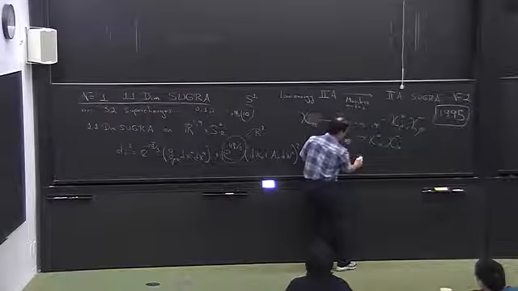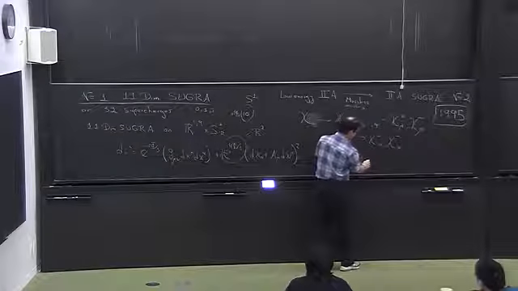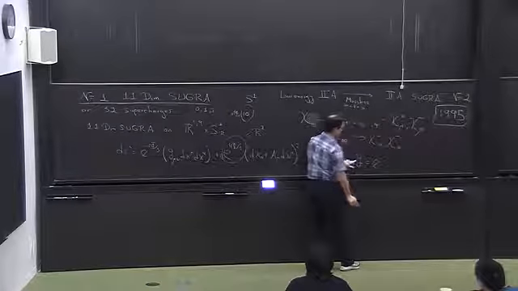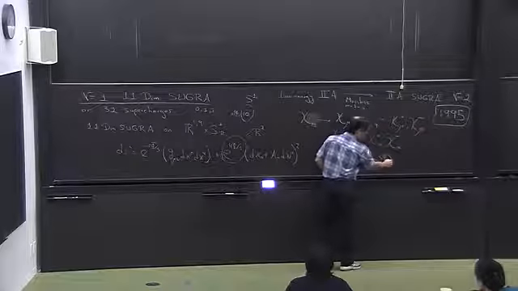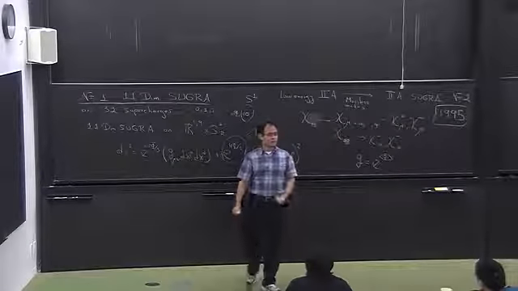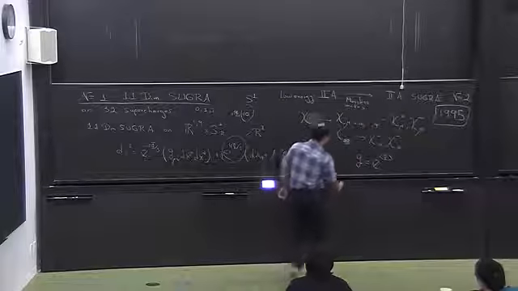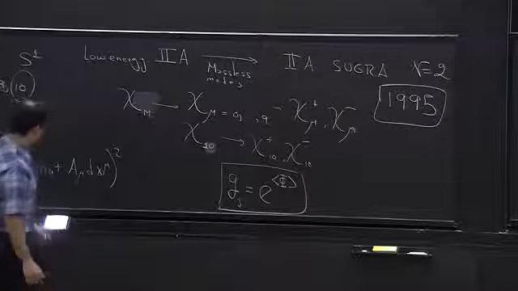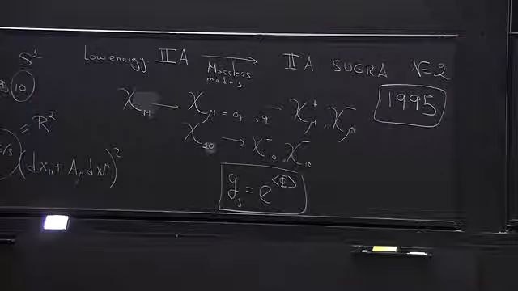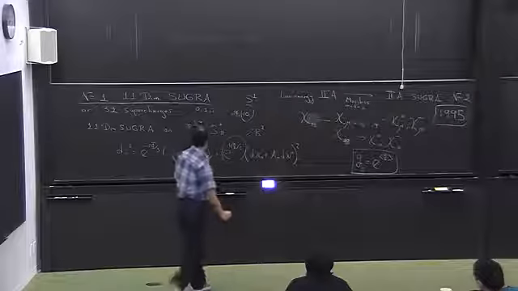We also discussed that. We define the coupling to be e to the expectation value of the dilaton, right? So that was the string coupling in space-time. So if you're given this blackboard, what would you have said?